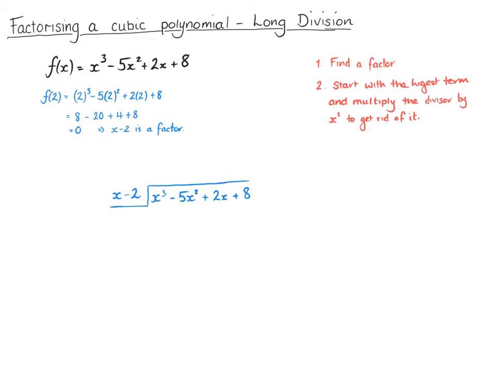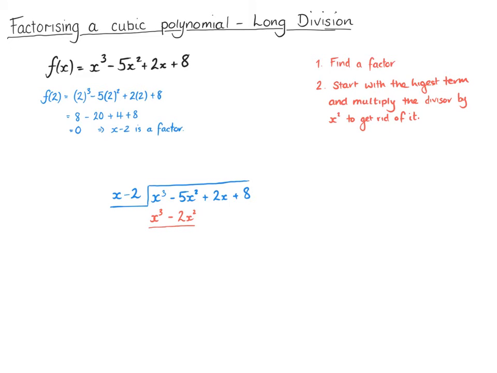Right, so if we take our divisor, or factor, and we multiply that by x squared, I'm going to use red so that it stands out, we're going to get x cubed take away 2x squared. So we've multiplied our factor by x squared to get rid of that.